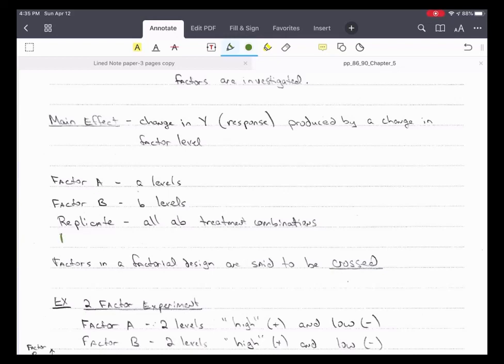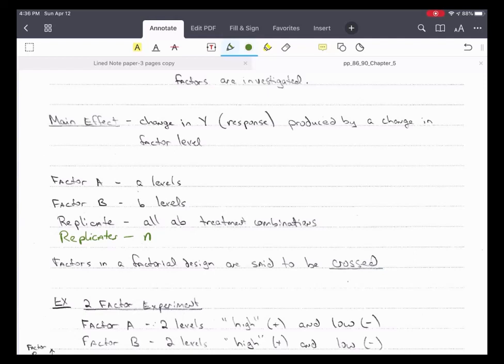So replicates, n. For each of these combinations, we're going to repeat the measurements n times. Okay, so it's said that factors in a factorial design are crossed. If you think about matrix or cross products, that is the reason.